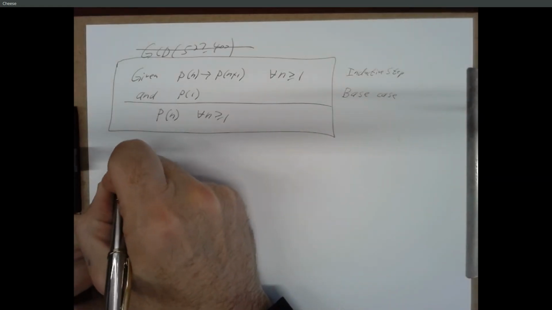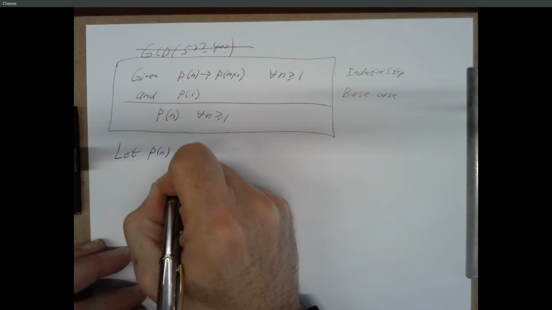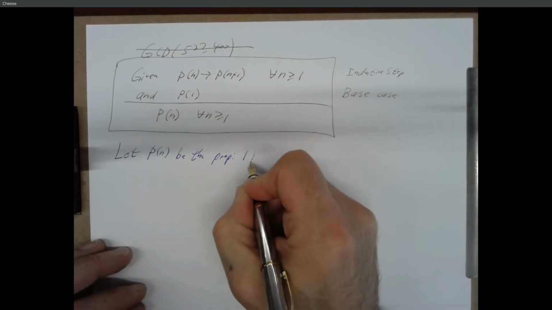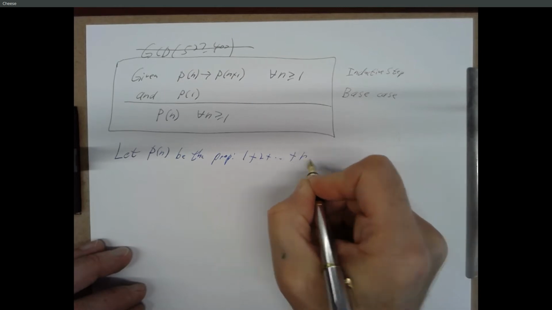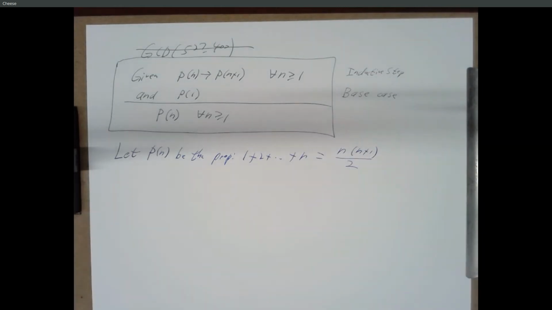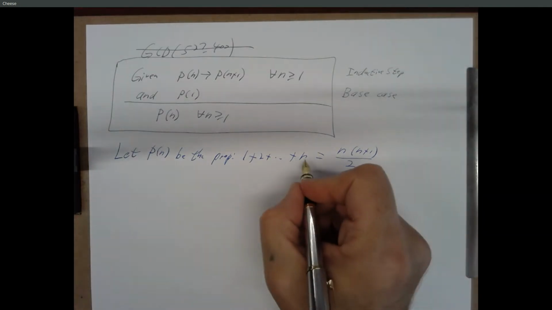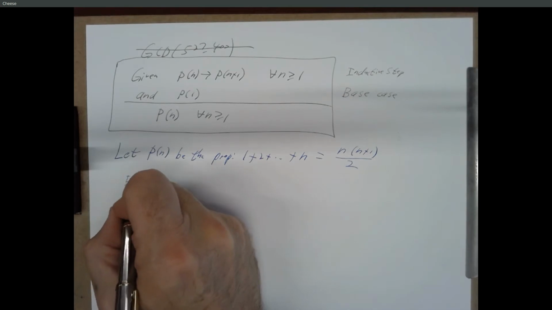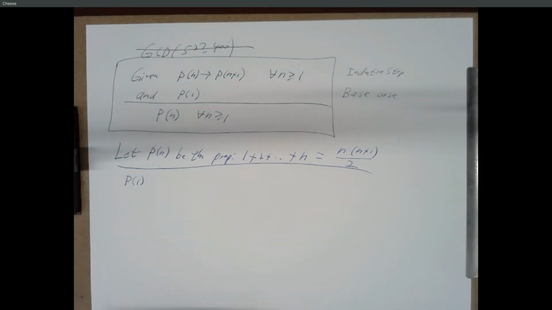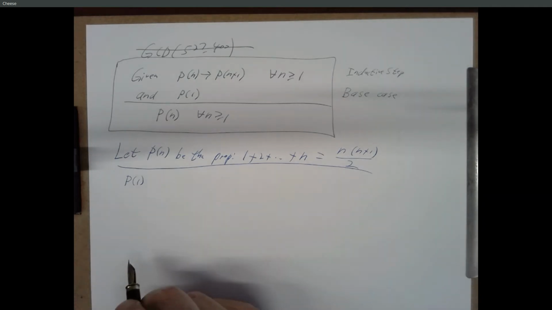So let P of n be the proposition 1 plus 2 all the way up to n equals n times n plus 1 over 2. And we want to prove P of n for all n bigger than or equal to 1. We want to prove this formula always works.